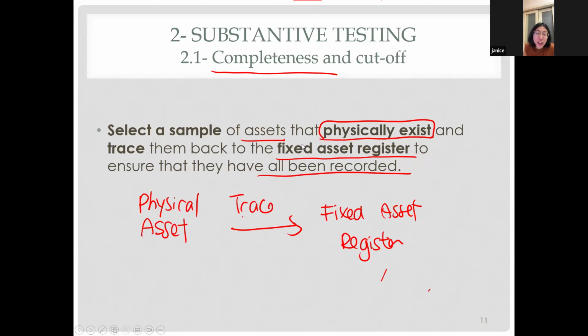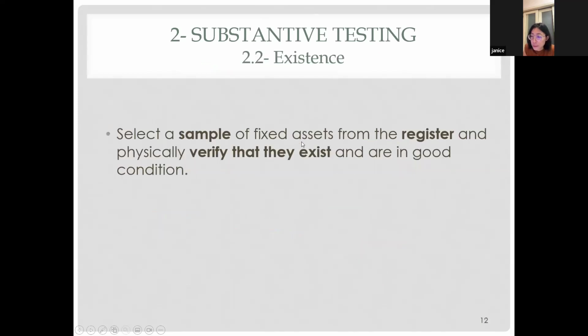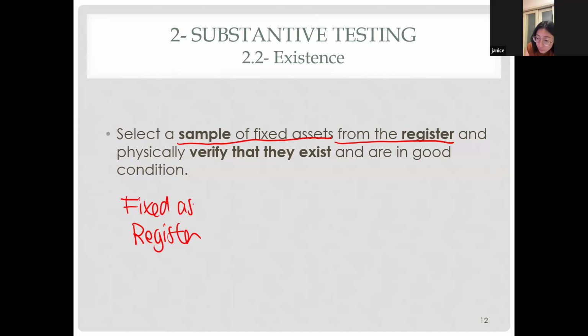Now the second assertion would be existence, so the opposite of completeness. For existence, we select a sample of fixed assets from the fixed asset register, and we physically verify that they exist and are in good condition.